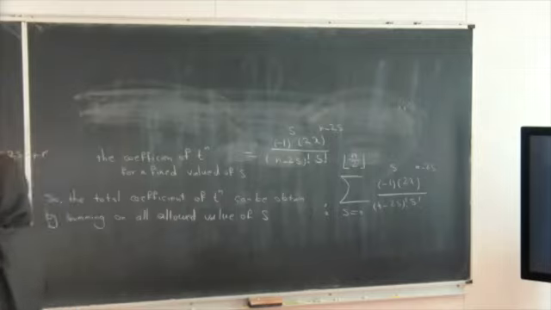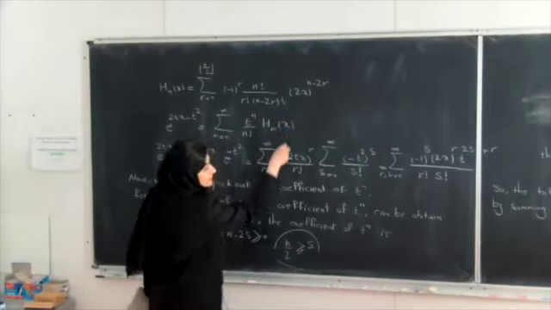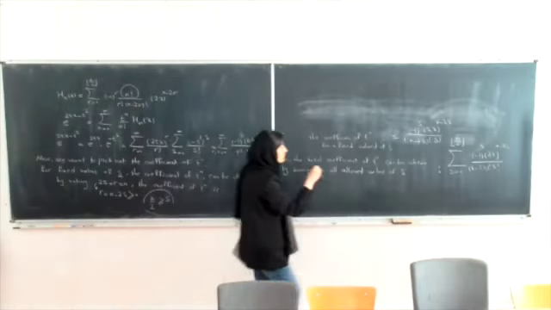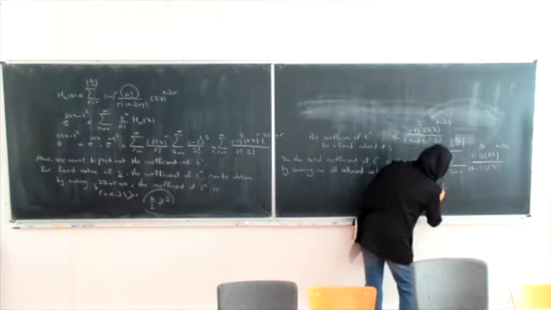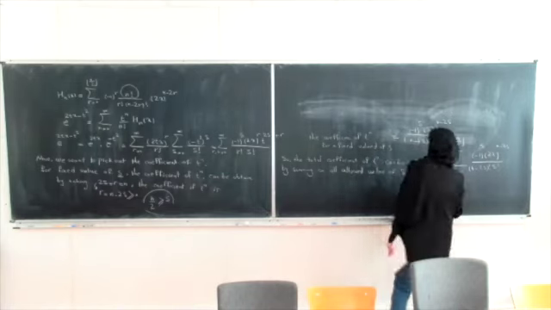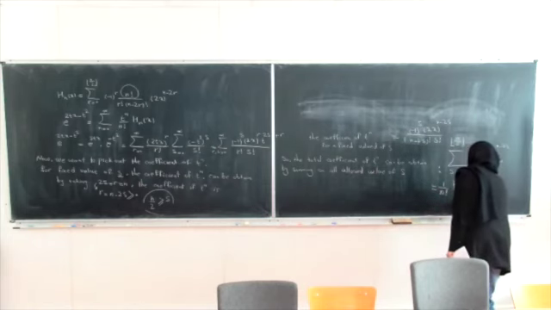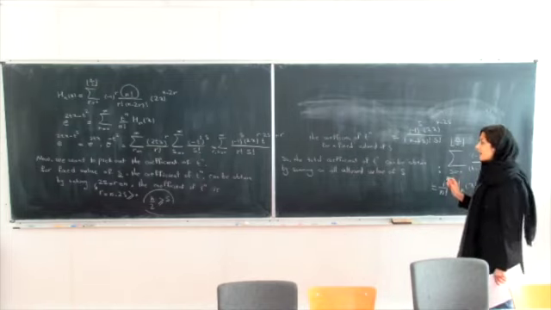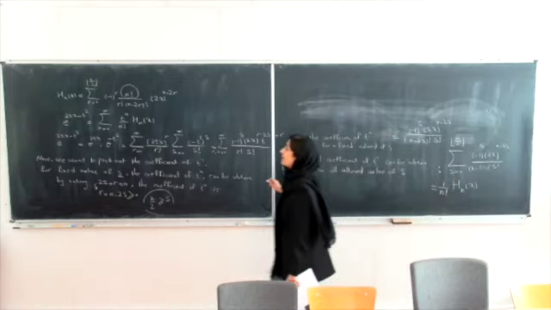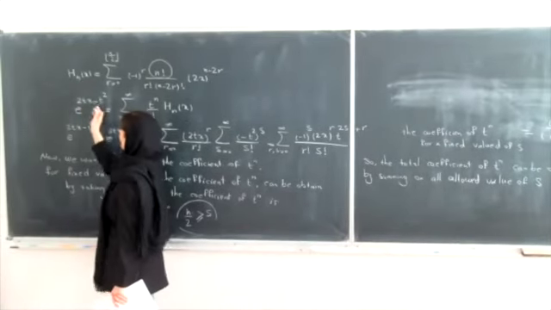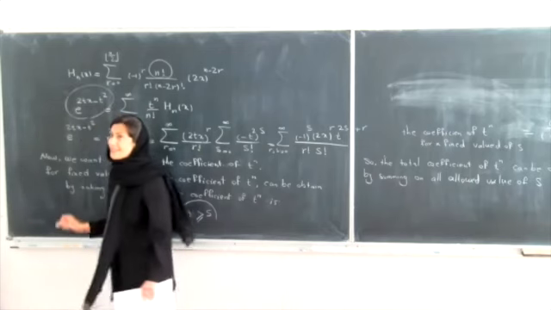Look at this, they are similar, except we don't have this term. So we can write 1 divided by n factorial times this series expansion of Hn of x. So the generating function of Hermite polynomials can be obtained from this.